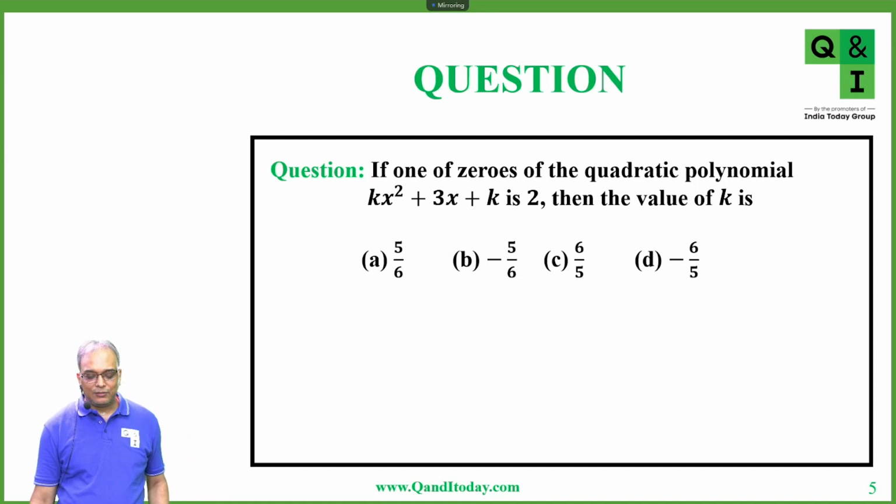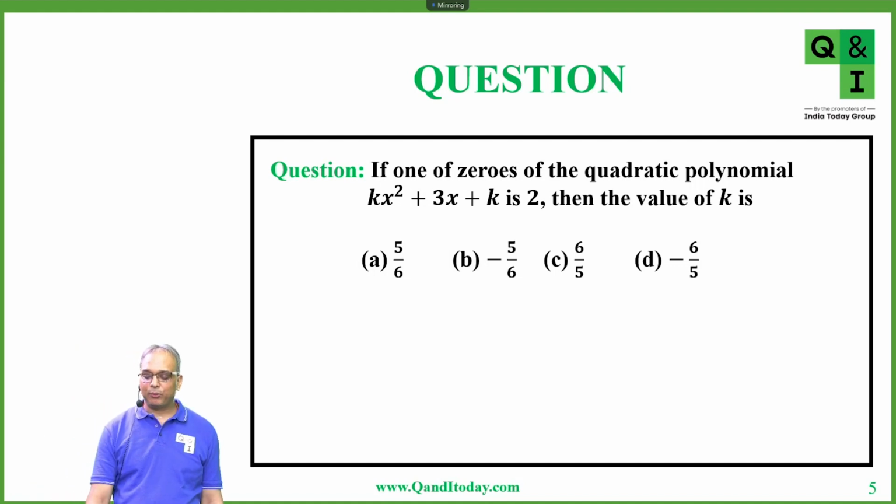Please see this first question. If one zero of the quadratic polynomial is 2, then find the value of k.